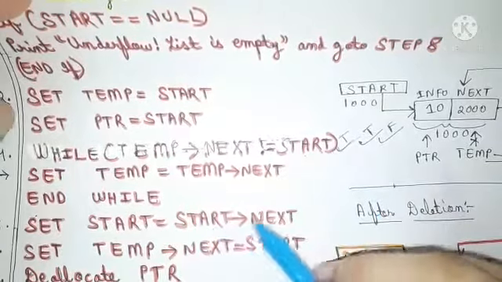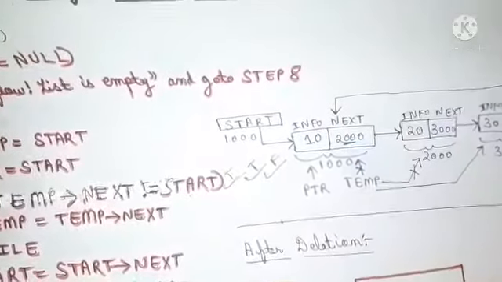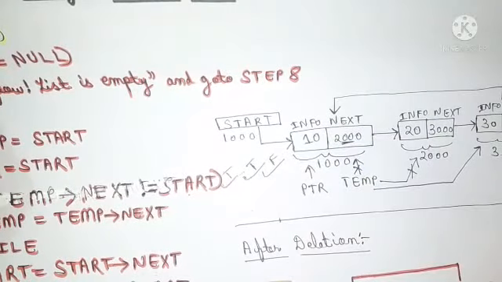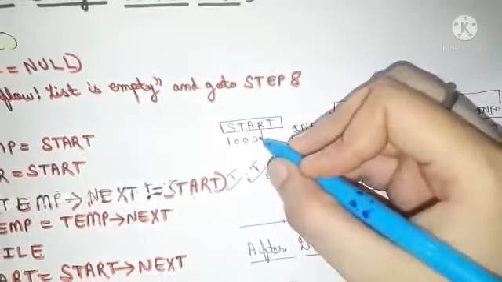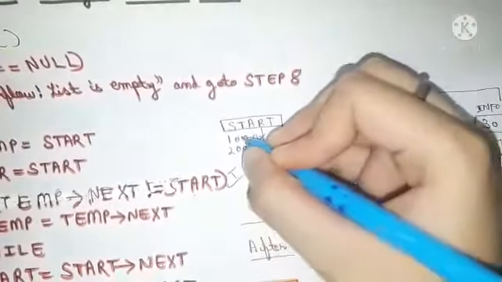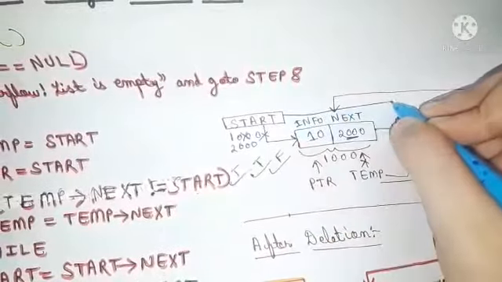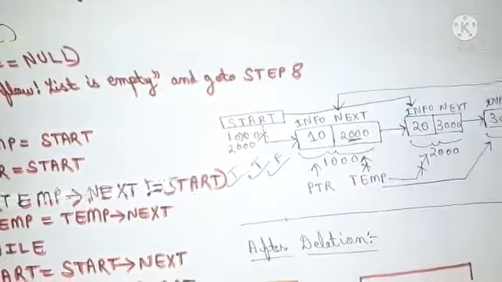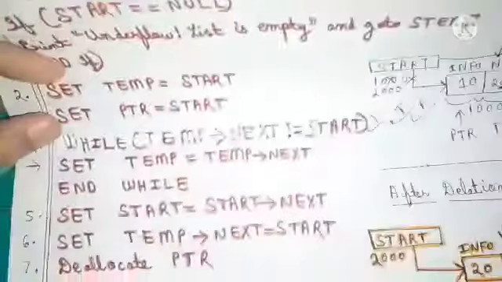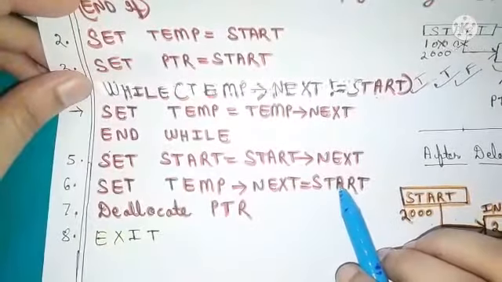Okay, so set start is equal to start next. So here the next part of our starting, that is first node, is 2000. So instead of 1000, now start will store 2000 and it will no more point to this, but it will point to the second node. Then set temp next is equal to start.